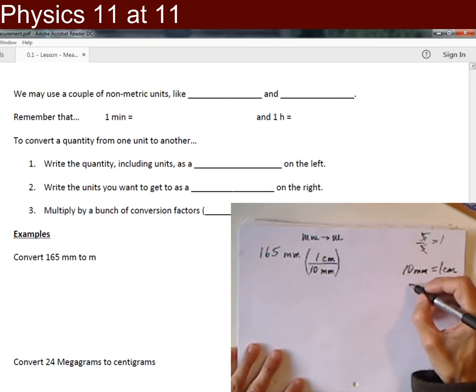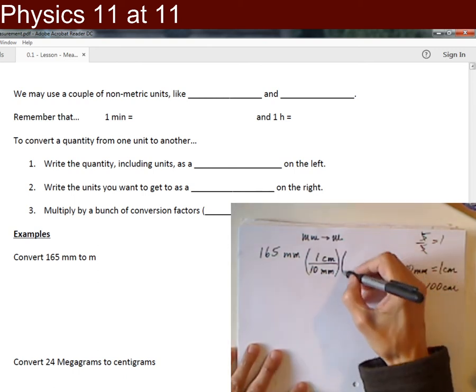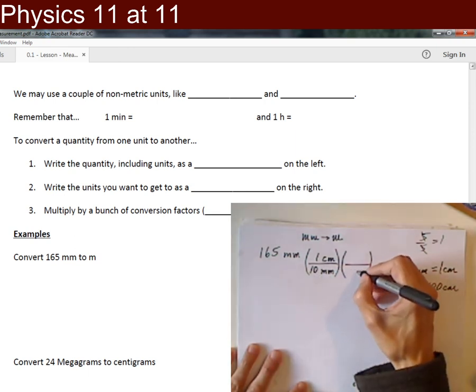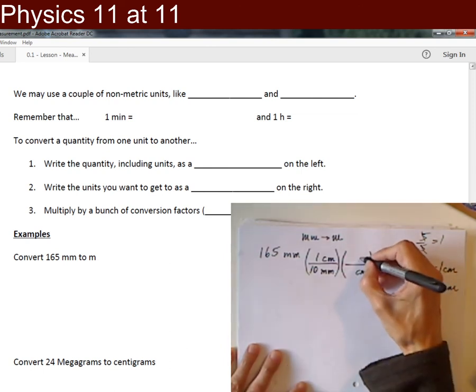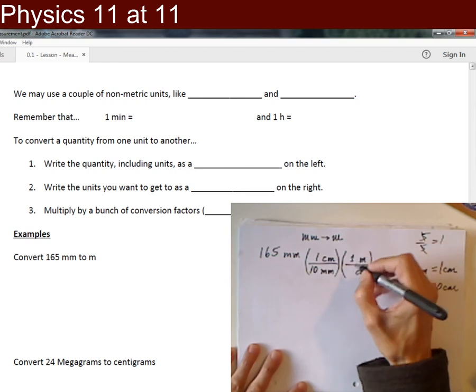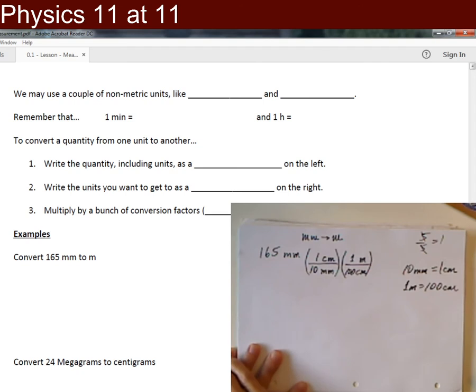So one thing I also remember is that in 1 meter, there are 100 centimeters. So I'm going to multiply with that fact. But in order to get centimeters to disappear, I have to put this on the bottom. And that forces meters on the top, which is okay. It's where we want to go. To make the numbers work, that 1 meter is the same as 100 centimeters.